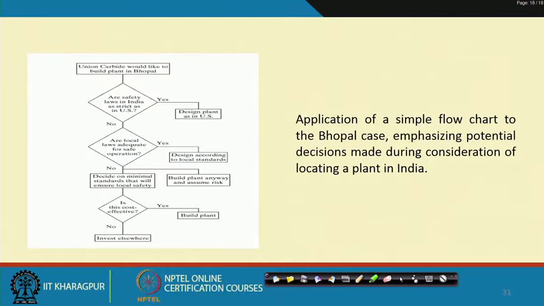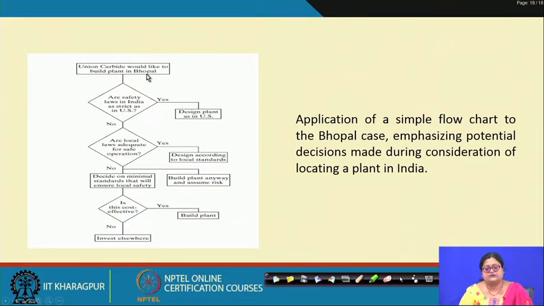First we see Union Carbide would like to build a plant in Bhopal.